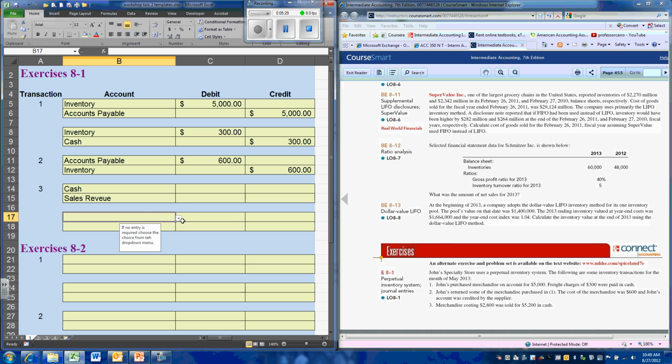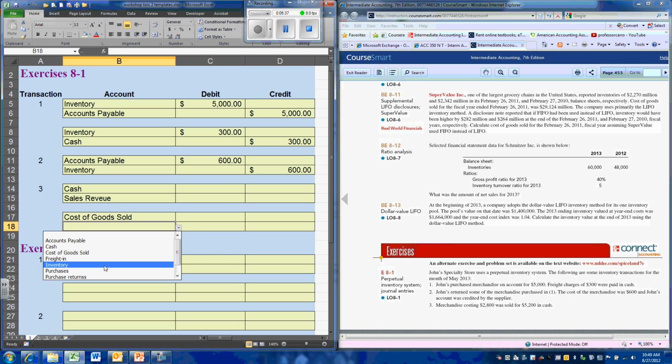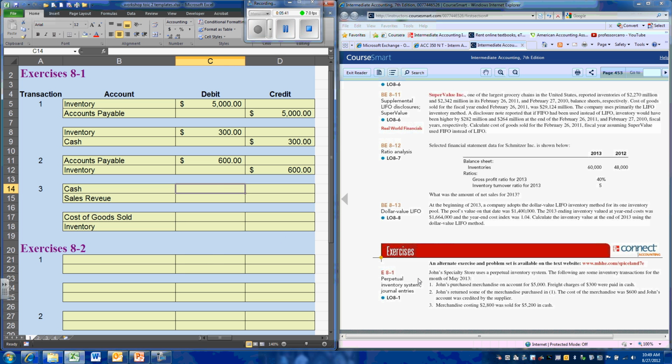In addition, we're going to recognize the cost of goods sold, and we're going to reduce down our inventory. So we're going to receive cash for $5,200. We're going to report sales, $5,200. In this problem, we're given that the cost of goods sold is $2,800, and our reduction to inventory is $2,800.